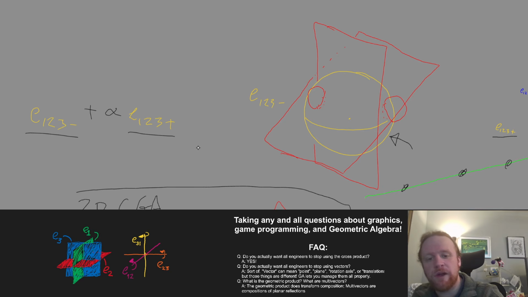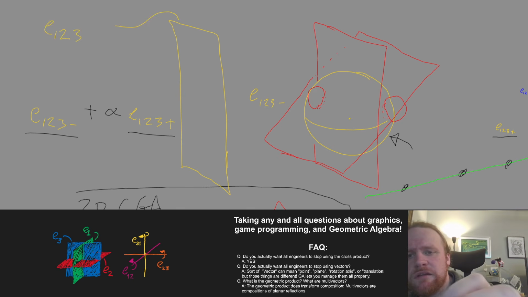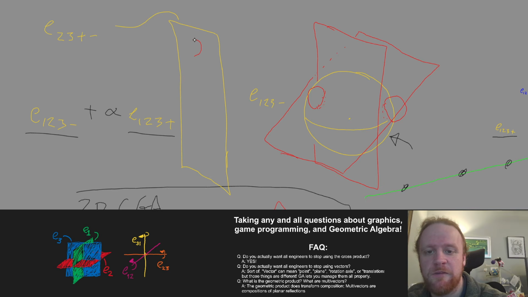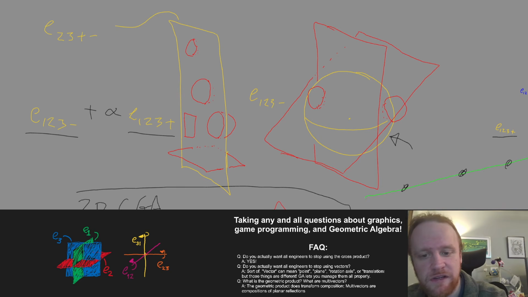We could also, by the way, have thought about a bubbly plane, E23 plus minus, and it will be covered in these spheres that are all at right angles to the plane, and of course that includes some planes because planes are spheres. Every circle, sphere, whatever that's at a right angle to the thing is included in there.